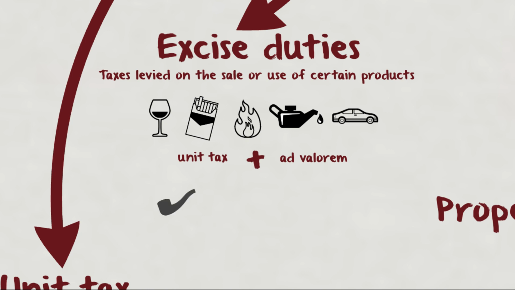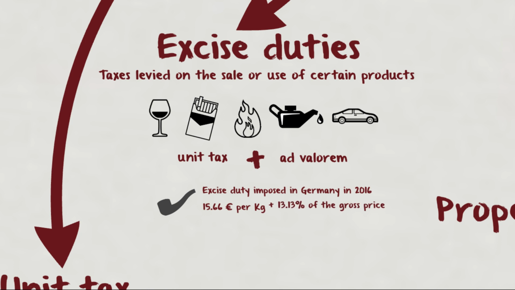Let's consider pipe tobacco in Germany. Now, pipe tobacco has an excise duty imposed in Germany, as of 2016, of €15.66 per kilogram, plus 13.13% of the gross price. In this example of excise duty, the €15.66 per kilogram is our example of a unit tax, and the 13.13% is our example of the ad valorem tax.